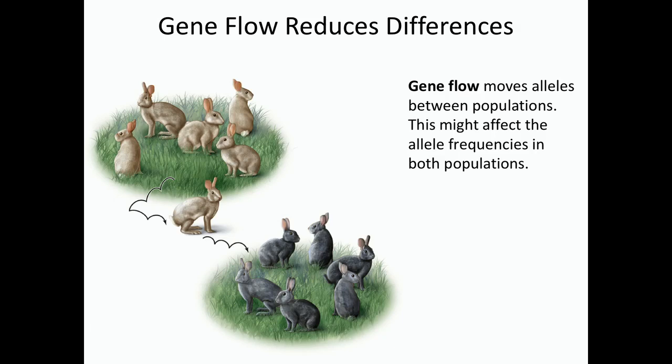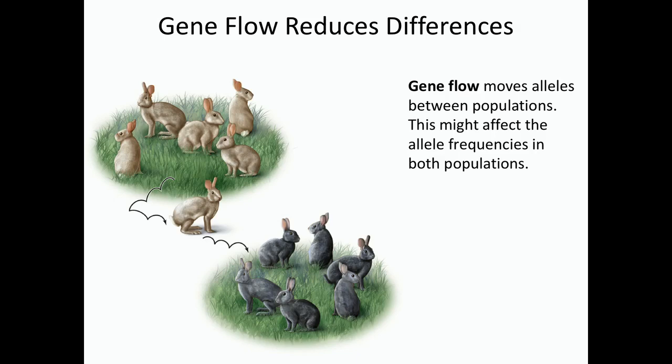Now, what this will do is make those two populations more similar and lessen the differences between the two. It can also introduce novel genes into a population, which, if successful in that population, if selected for by, say, natural selection, could become common fairly rapidly. So gene flow also is somewhat random.